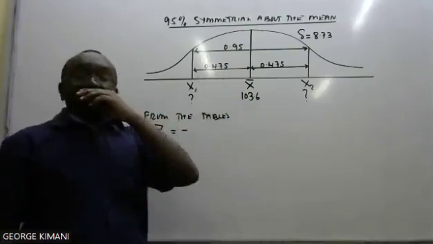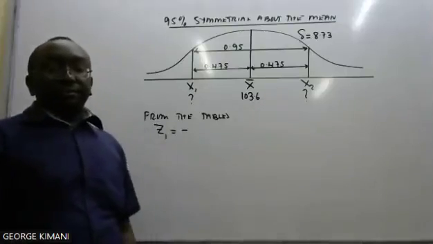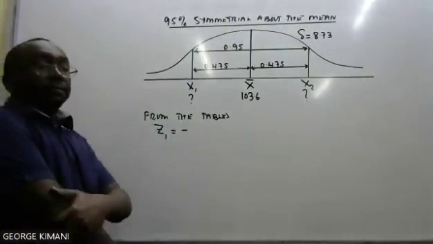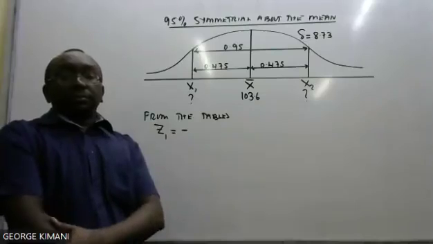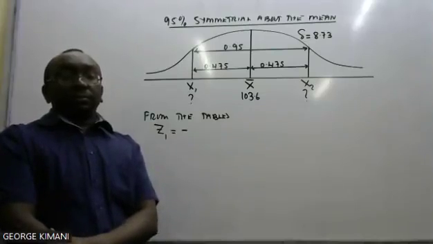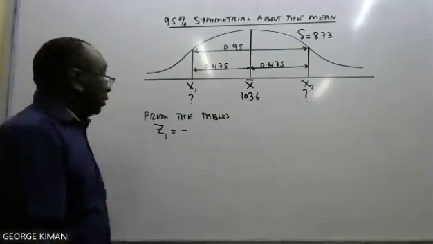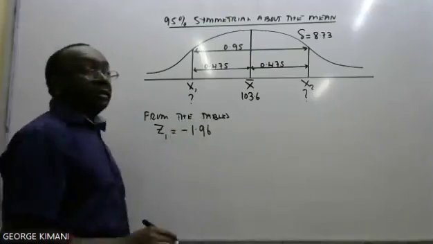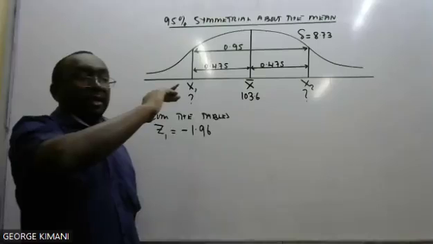So find 0.475, and read me the value in the row and the value in the column. It should be 1.96.